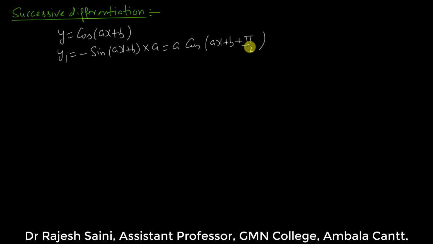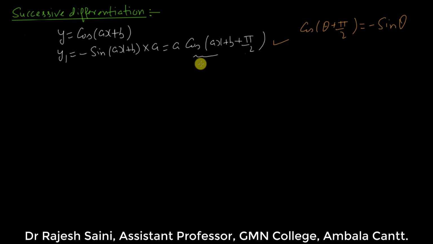Because cos in the second quadrant is negative, whenever we evaluate this, it will come out to be minus sine ax plus b. So the minus has been absorbed in this formula, and the formula is cos of theta plus pi by 2 is nothing but minus sine theta.